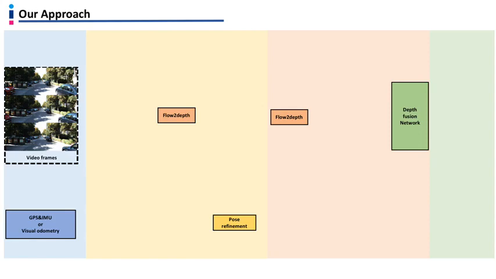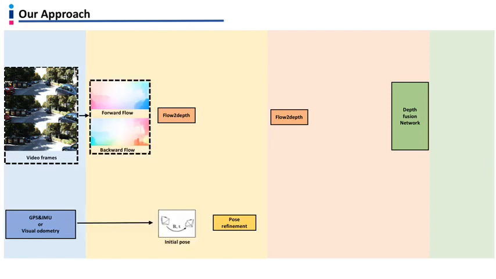For situations where only video frames are input, we use visual odometry to get the initial pose between them. Otherwise, we directly read it from GPS and IMU. Then we estimate the optic flow from the video frames.